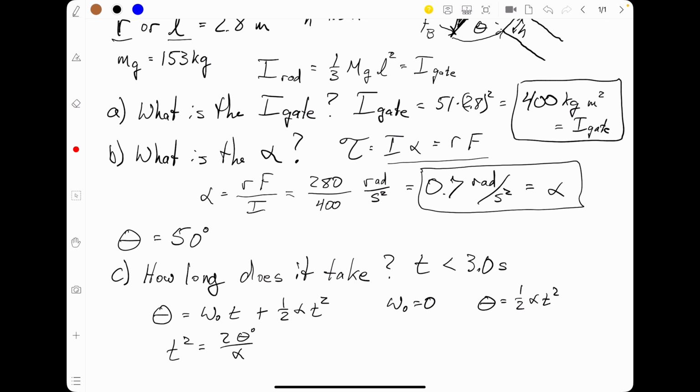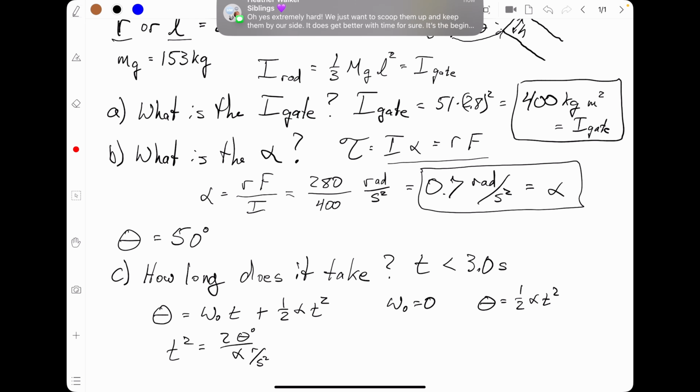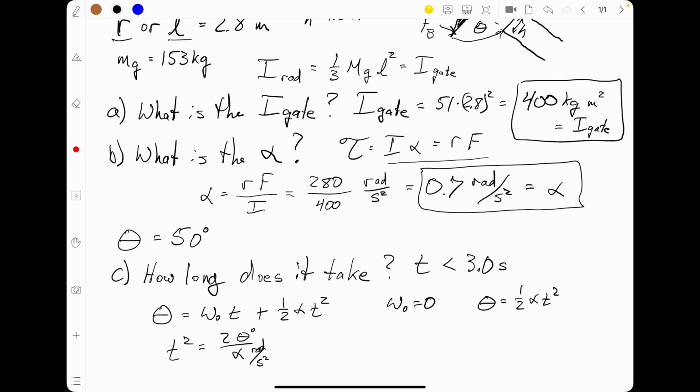I have theta in degrees, but I've got alpha in radians per second squared. All right. We've got to do something about that. What is 50 degrees in radians? We have to solve that. So 50 degrees in radians.